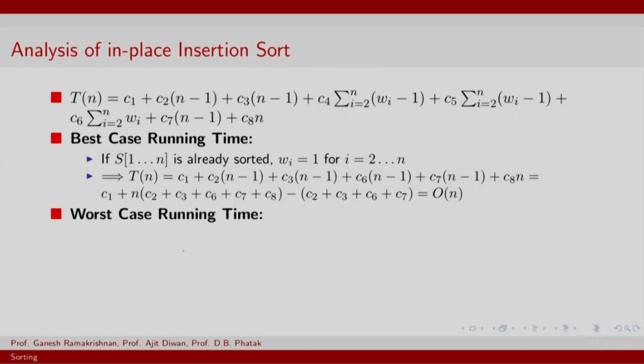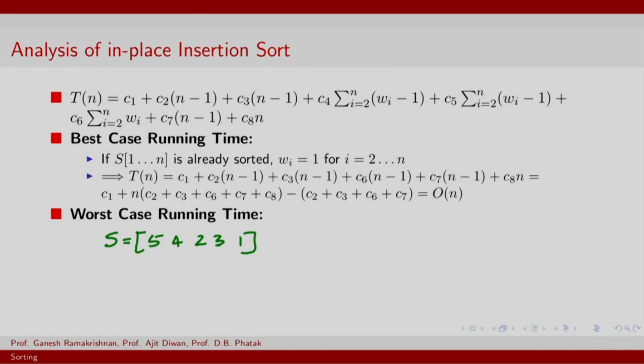How about the worst case running time? Consider a list sorted in descending order, so 5, 4, 3, 2, 1. When you are inserting a 4, you will need to go all the way to the left, in fact hit the leftmost wall and put the 4 there.